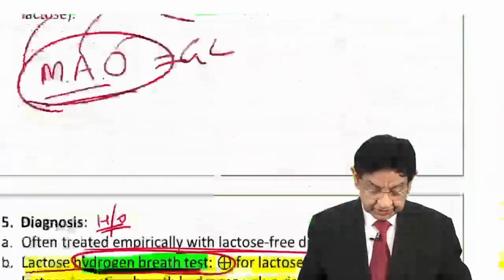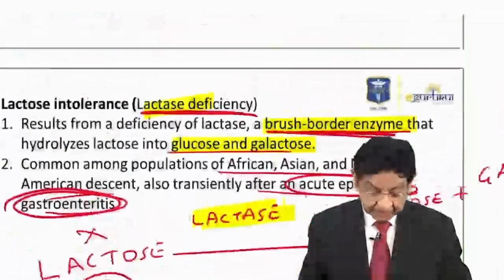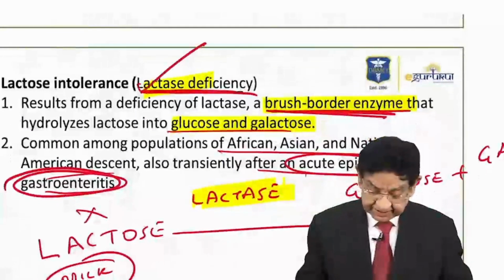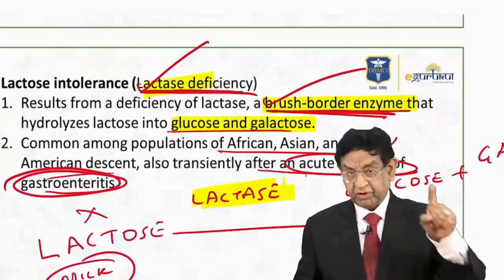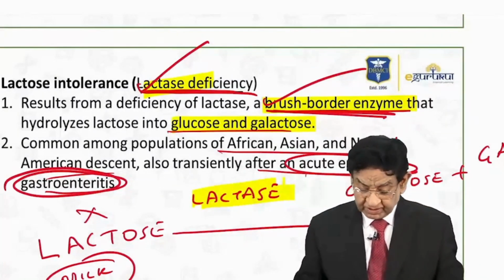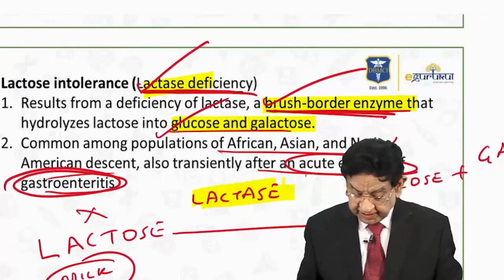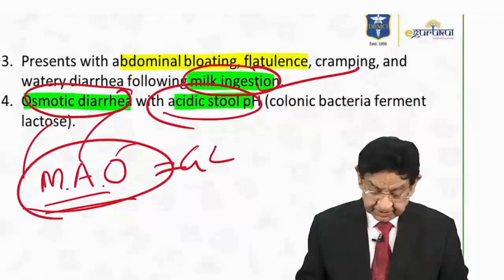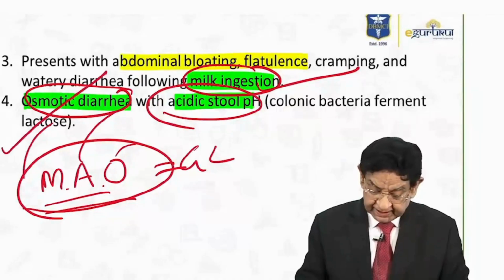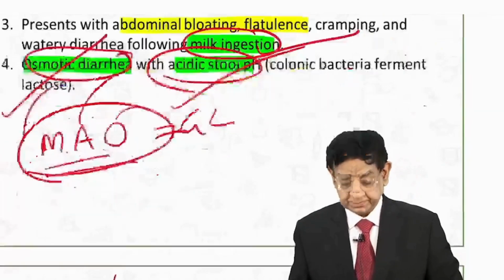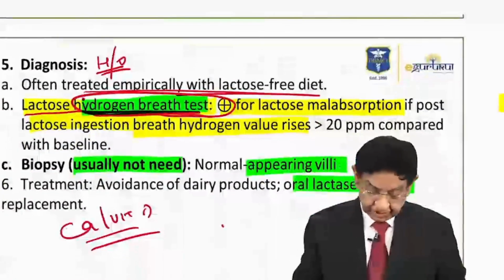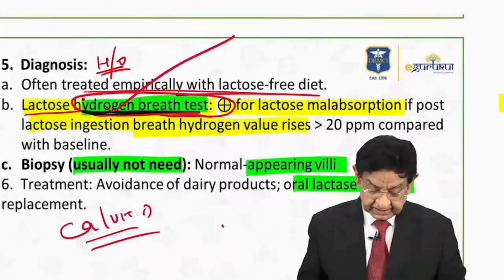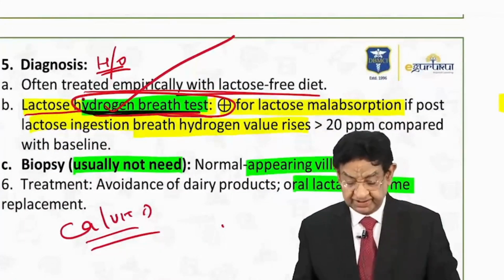So friends, easy to remember now. The keyword is lactase deficiency. It is a brush border enzyme. It converts lactose into glucose and galactose. Milk ingestion causes osmotic diarrhea and acidic pH stool, and hydrogen breath test is positive, biopsy is not needed.